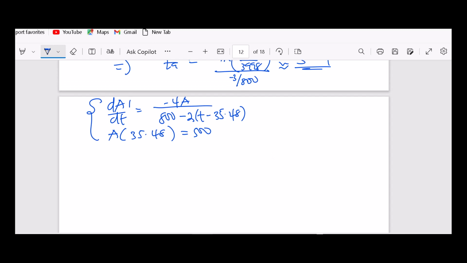Okay, so we then have to solve this particular differential equation, this IVP here.